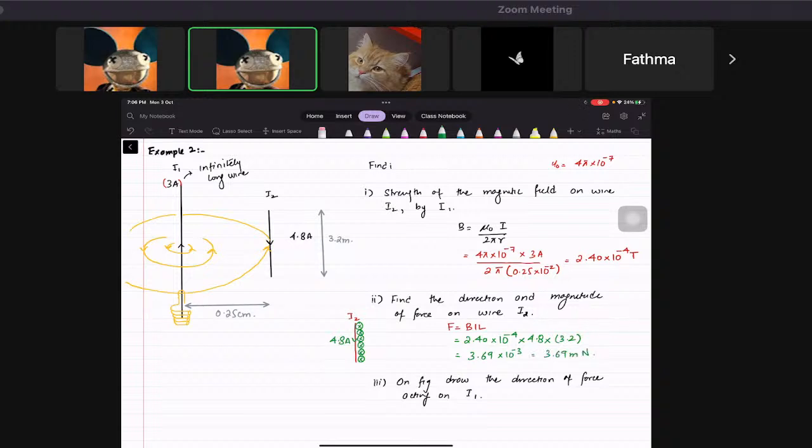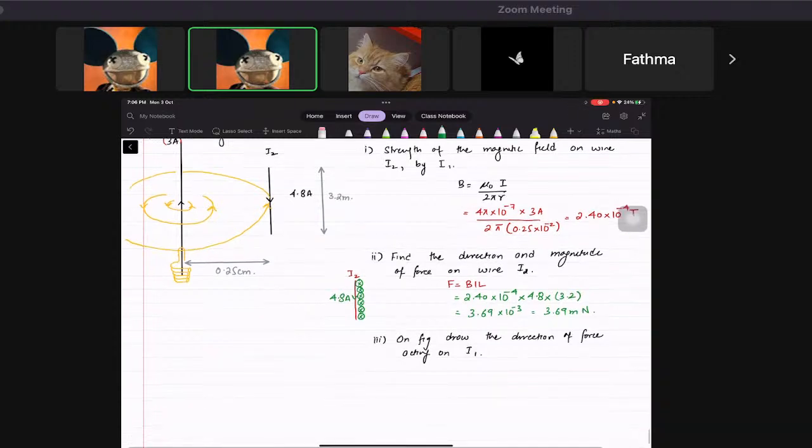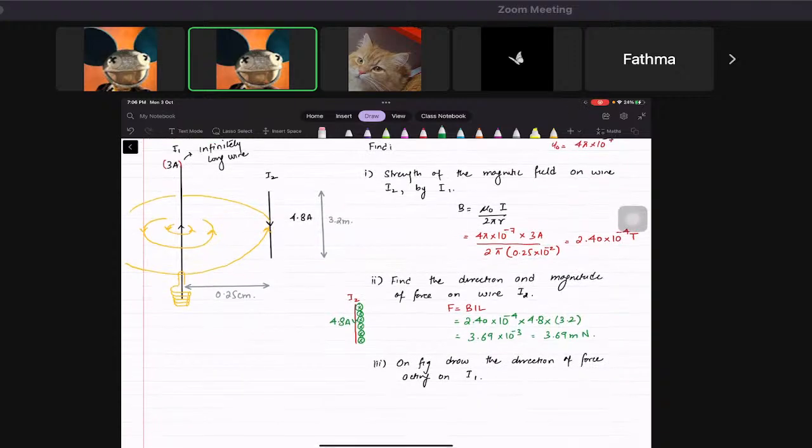So we got this. Now on the figure, how would we do this? If you check this out, the magnetic field is into the page, which means the index finger will be inside, the middle finger should be down. So this is index, this is the middle. You'd realize that your thumb is going towards the right.